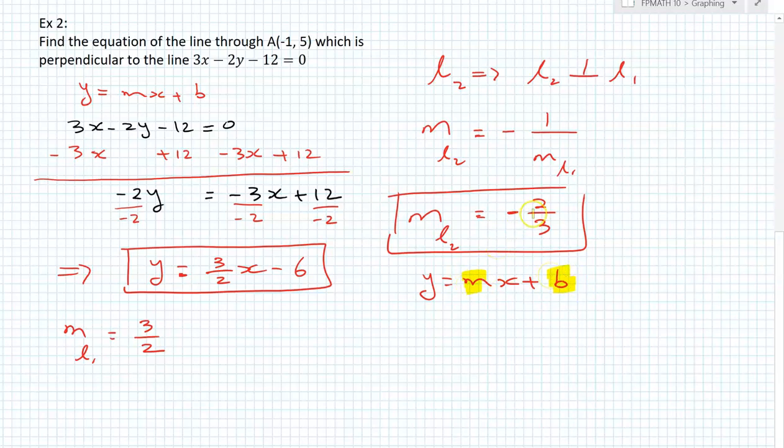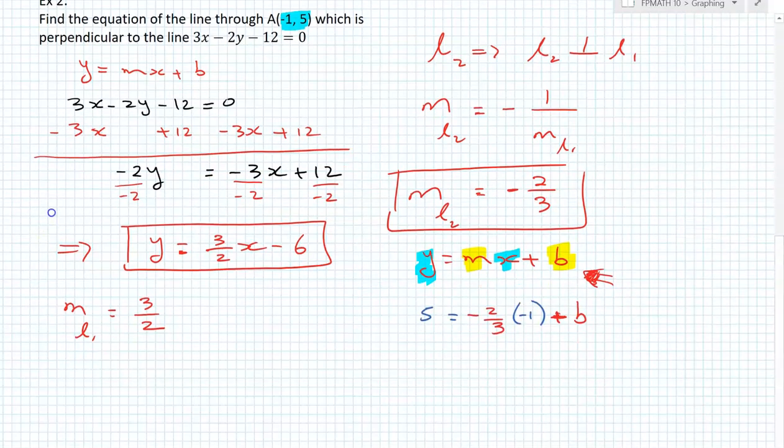Well, slope we got, b we don't have, but we do have x and y because we have this coordinate right here. And so what we can do, we are going to plug in the x and y value that we have as a coordinate into the equation. The only thing that is missing now will be b. B will be the only one that is missing, and then we're going to solve for b and then rewrite the equation. So let's do that.